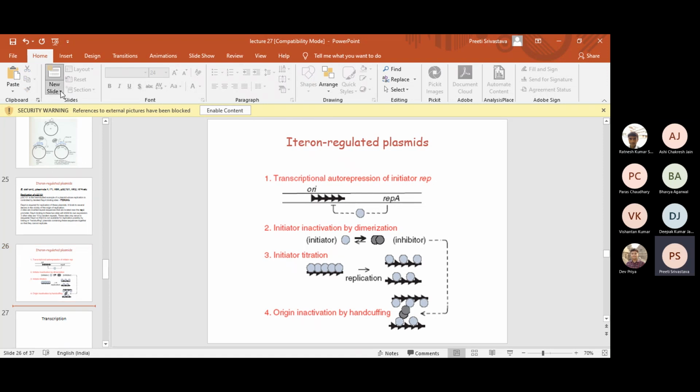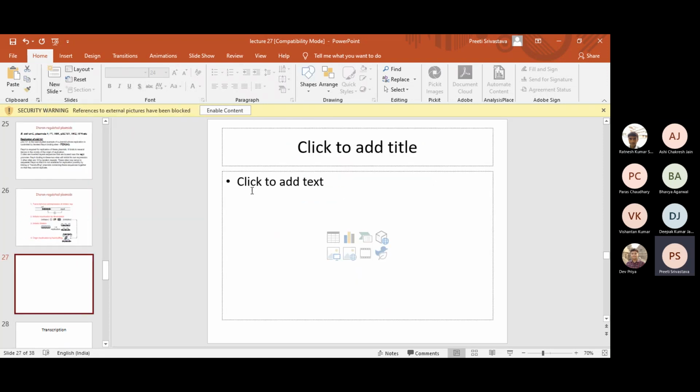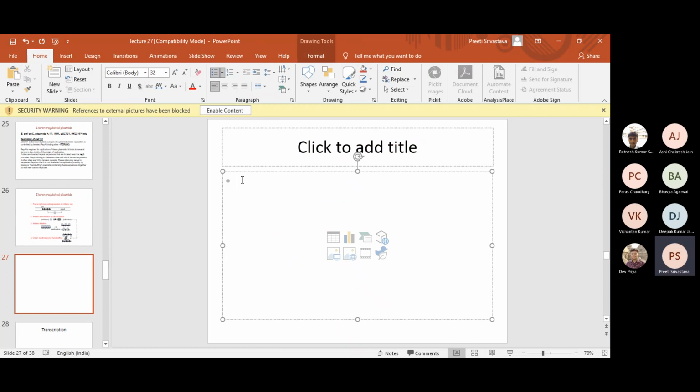When it is a gene, when you are writing it as a gene, you write it as repA and it is italicized. When it is a protein, then you do not italicize and the first letter is capital. So this becomes protein. For everything.